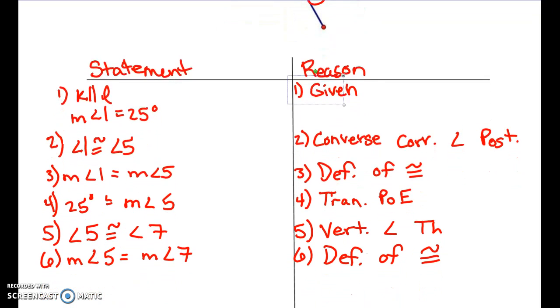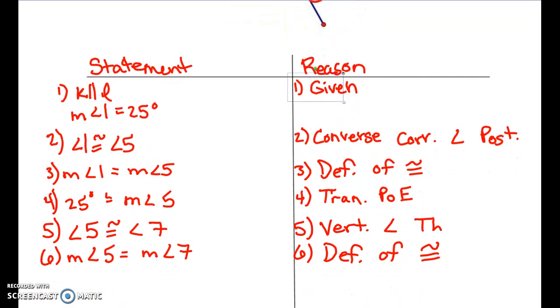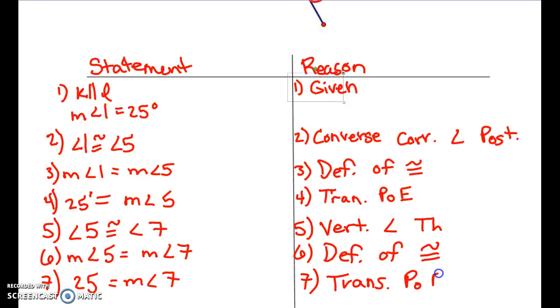Well, my very last step is going to be another substitution step. I got that 25 is equal to the measure of angle 5, and by the way, guys, that is supposed to be an equality symbol. Pens give me trouble. So this next step, I can substitute in now and say that 25 is equal to the measure of angle 7 by the transitive property of equality.